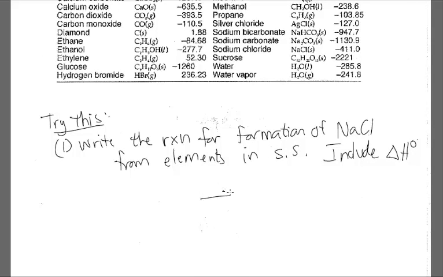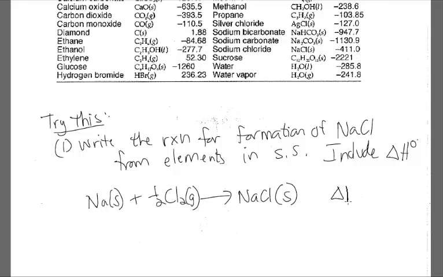Remember, it is forming sodium chloride, which would be a solid at room temperature and atmospheric pressure. And the elements in their standard states that make it are sodium in the solid form and chlorine in the diatomic and gaseous form. And the delta H for that process is equal to the value in this table for formation of sodium chloride. So it's negative 411, and the units are kilojoules per mole.